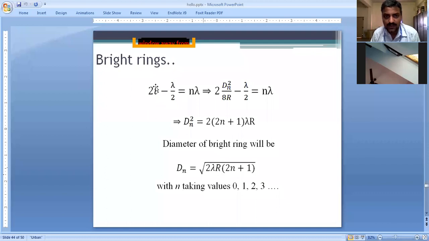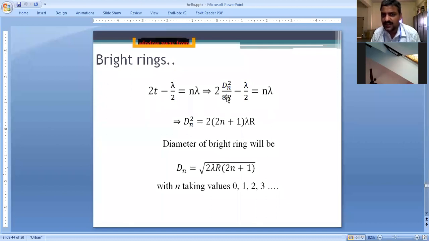In place of t, I am putting dn square by 8r; 2 over 8 becomes 4. So dn square by 4r, and this minus lambda by 2, when pushed to the other side, becomes (2n plus 1) lambda by 2. Here it is 4, so 2 remains in the denominator.